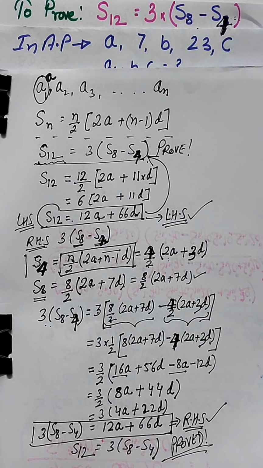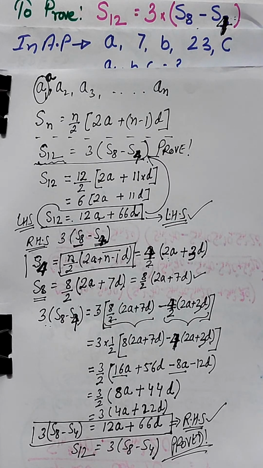Whatever variables or constants come in as the value of S12, just put it as it is, because it's given that in any AP you need to prove S12 equal to 3 times S8 minus S4, right? So AP can be anything.